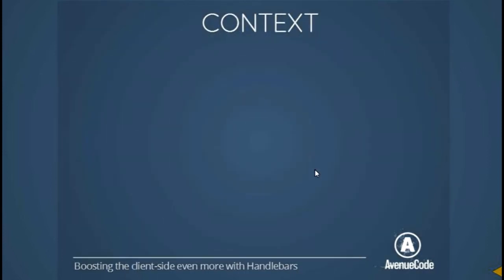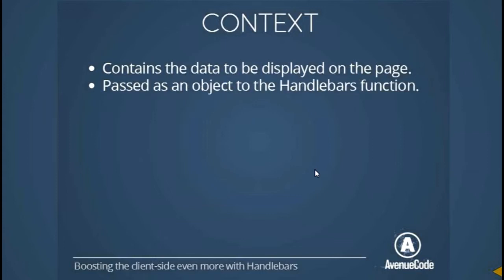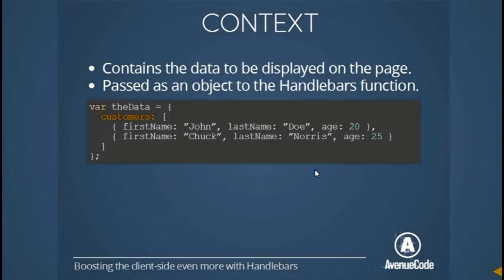So next here is the context. The context is basically the data that you're passing to the template, right? So to make the dynamic binding. Yeah, as I said here, this is an example. You have the context here.